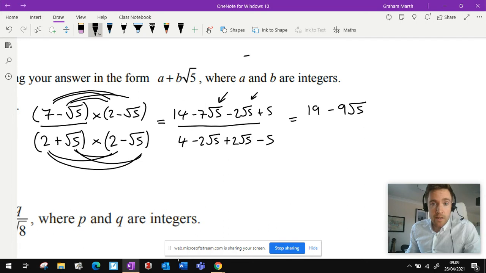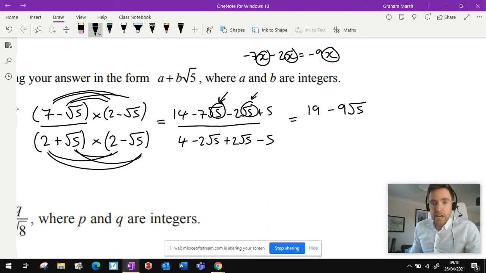If you had something like negative 7x subtract 2x, you'd get negative 9x. While the x is just an unknown value, you can do the same thing with root 5s. How many root 5s have you got? Negative 7, negative 2. In total, you've got negative 9 root 5s.